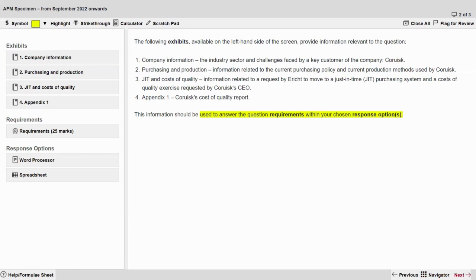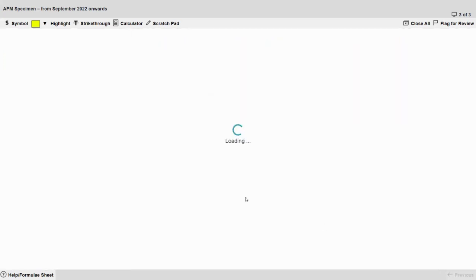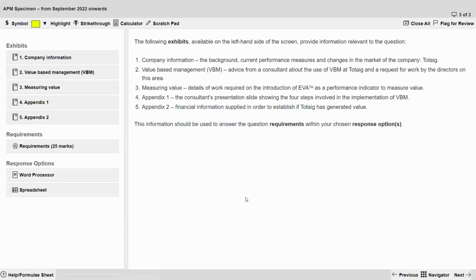We are meeting again day after tomorrow, and what I want you to do is attempt this question on your own. This is the APM Specimen from September 2022 onwards. Attempt this question on your own and see what you can do without looking at the examiner's answer.